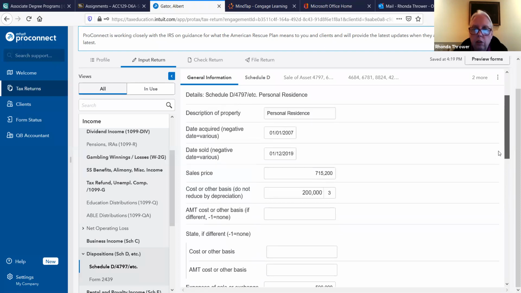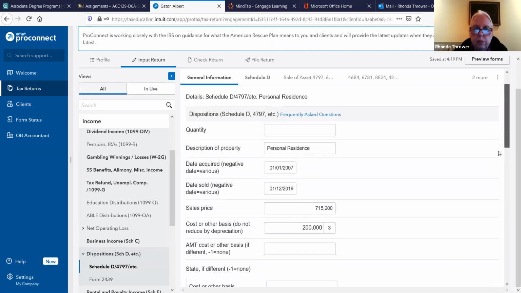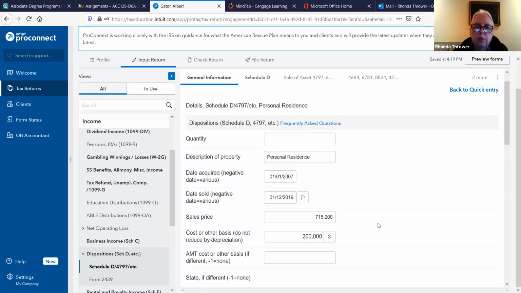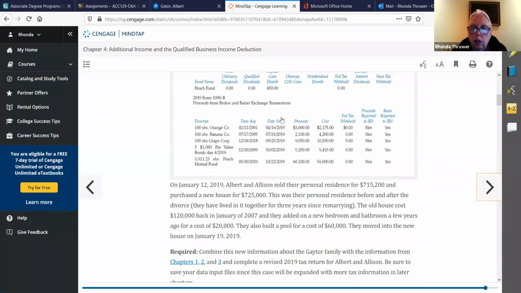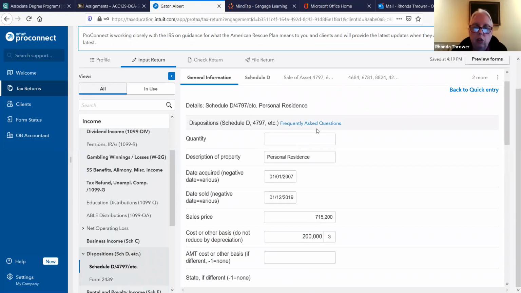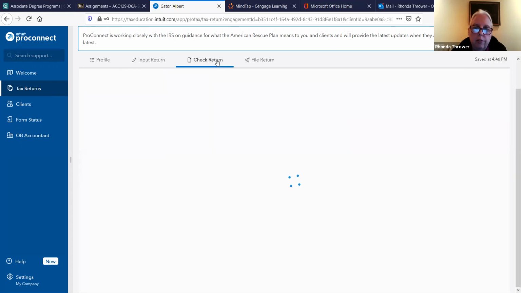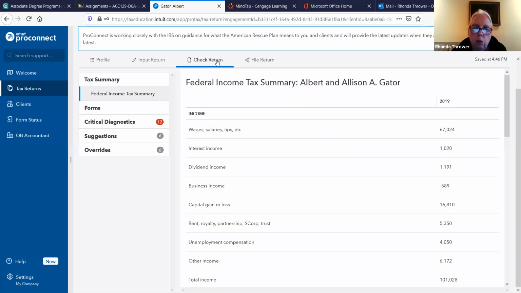And that's all you do for that. In fact, that's technically the entire part of this problem. So we've actually finished the problem. So what I would suggest that you do is click on check your return, let it make the calculations for you.